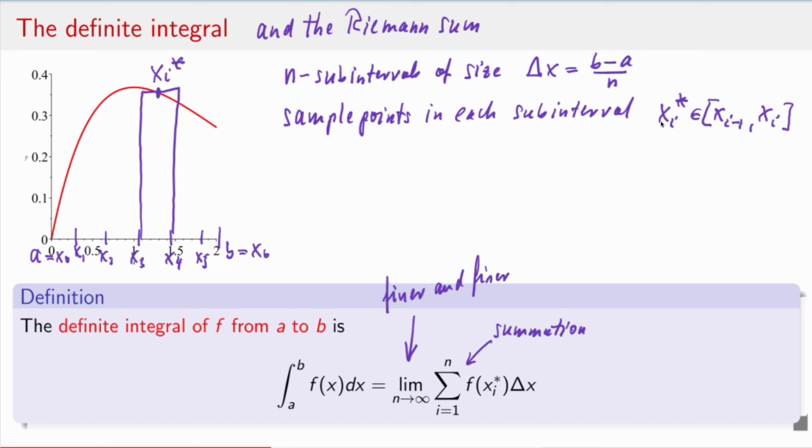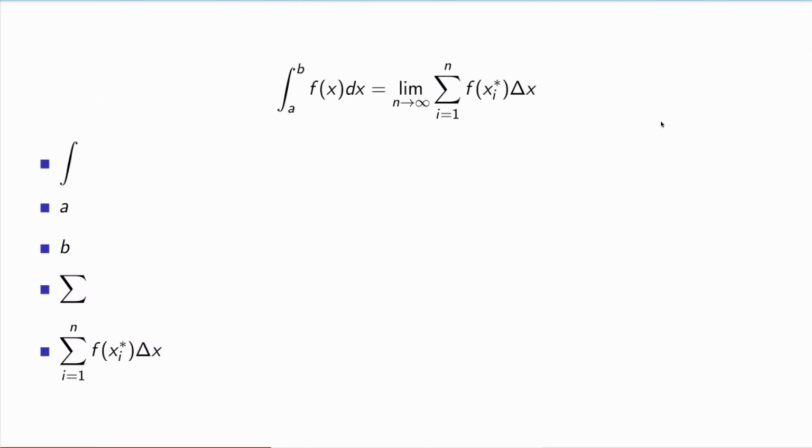And I will on the next slide explain a little bit more about the summation sign. For now, just understand that this means we sum up all these little areas of the rectangles. So this is the area of rectangles. xi star is the sample point, delta x is the interval length. So let's look at this on the next slide in a bit more detail.